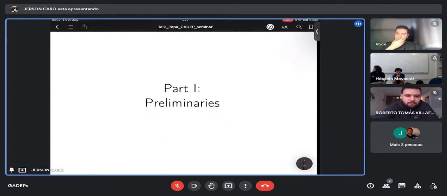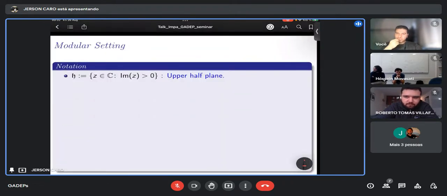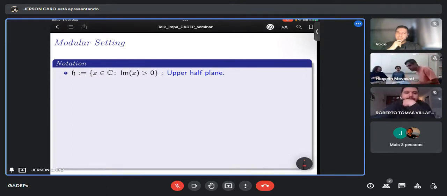Let me start with the preliminaries, and I will give some modular setting. These are general notions of modularity. We start with H, the upper half plane.